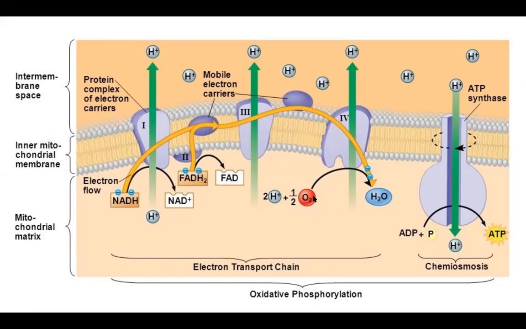And because we briefly touched on electronegativity, oxygen is a very, very electronegative element, meaning that it can draw electrons a lot more readily. And so it basically just pulls them through this transport chain, and it's really the driving force behind everything that's happening here.